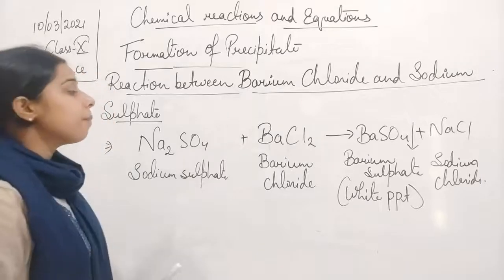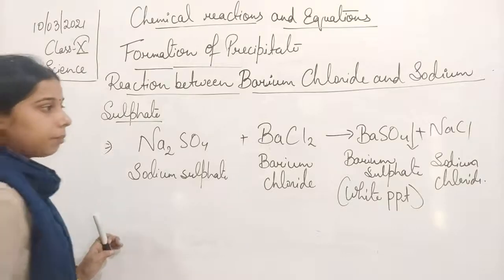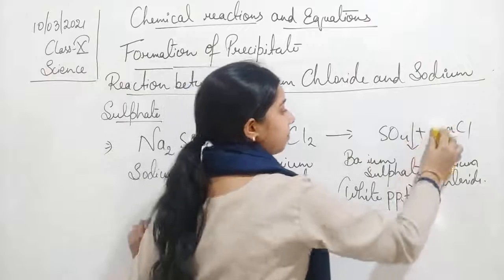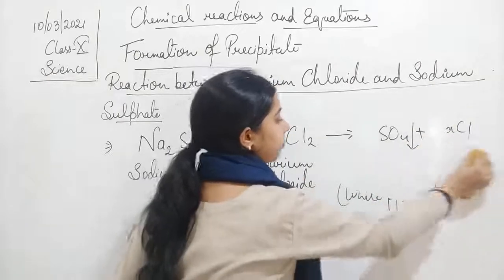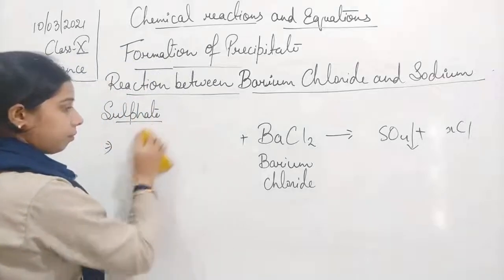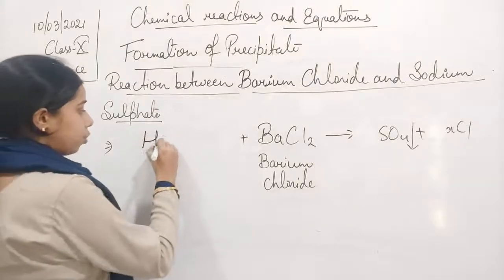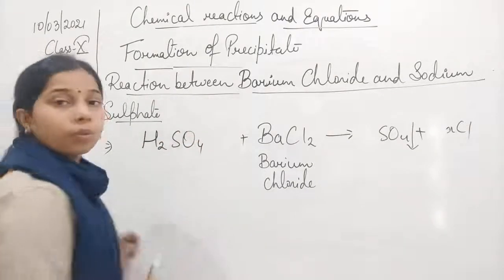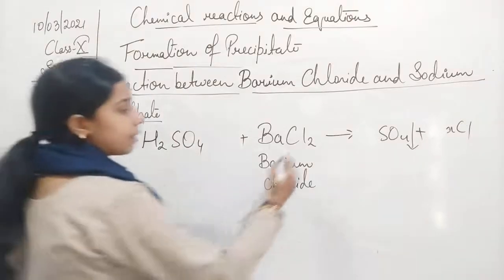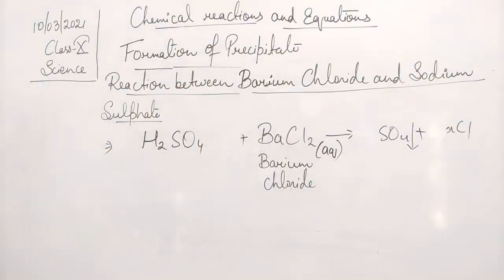Instead of using sodium sulfate, we can also use sulfuric acid. Let me show you what happened when we use sulfuric acid. H2SO4. Okay, so we have used sulfuric acid and barium chloride. It is in aqueous solution of barium chloride.